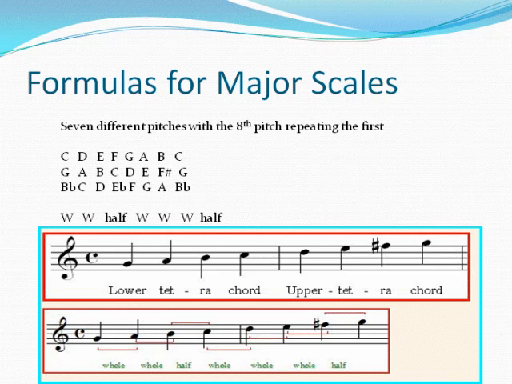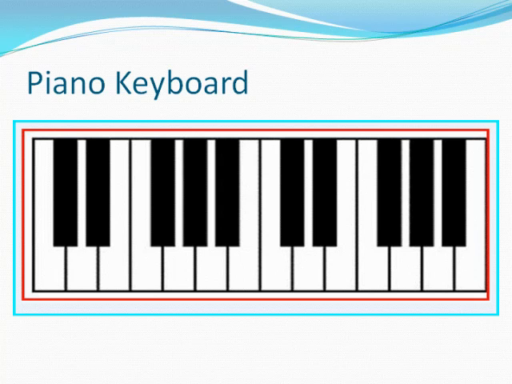You must know that. And you go back to the piano keyboard, and you must know that from this note to this note is a half step. From this note to this note is a whole step. From this note to this note is a half step.